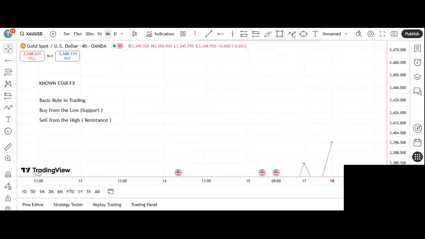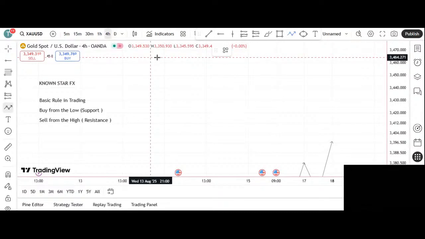Well done. So I've given an example of a resistance level becoming support, right? Now we are going to be giving the scenario of a support level becoming resistance.